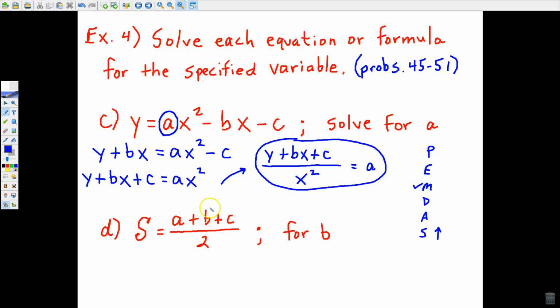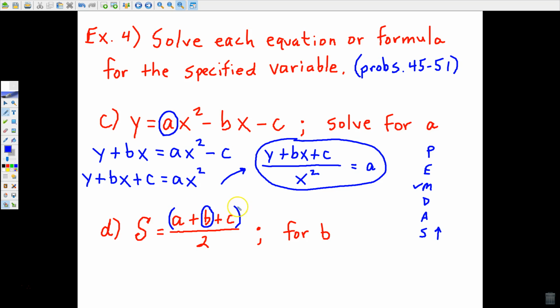Okay, letter D. I'm supposed to solve for B. Just a word of warning here. Remember, we talked about this a few minutes ago. In these division problems where the numerator contains an operation like addition or subtraction, I strongly recommend, not everybody does this, that you put parentheses around the numerator portion.